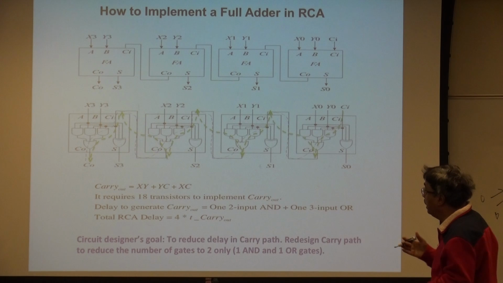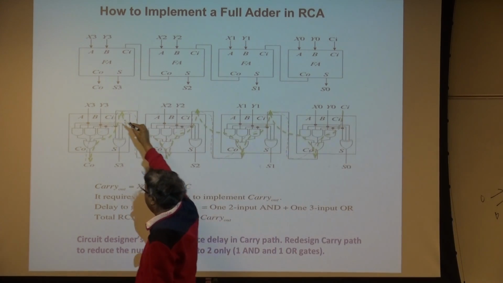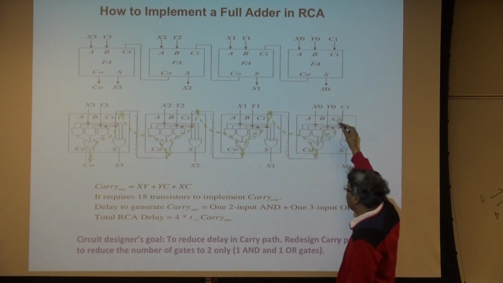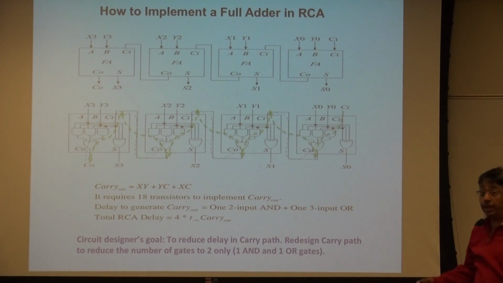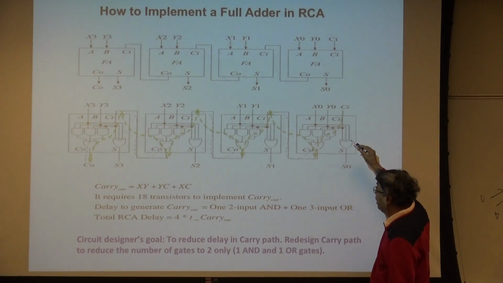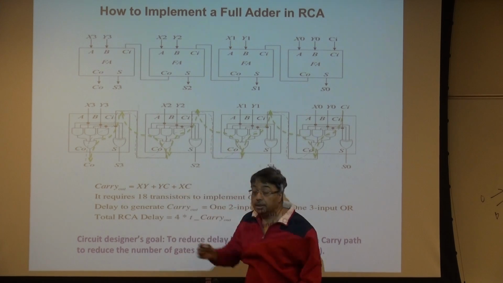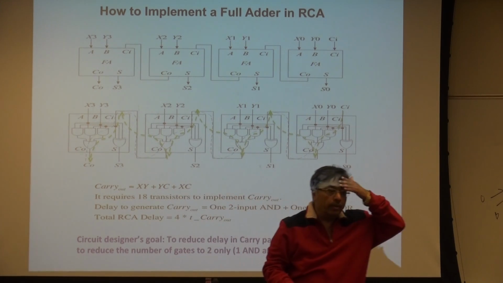So these signals come all at the same time. X3, Y3, X2, Y2, X1, this one all come together. Probably this also comes at the same time. But then in subsequent stages, the carry in gets delayed, right?